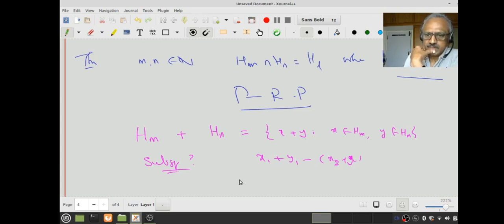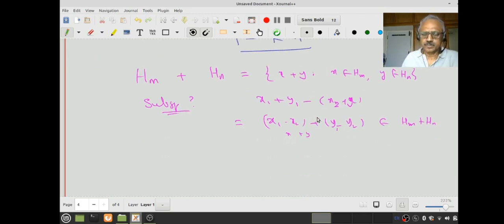But this is nothing other than x1 minus x2 plus y1 minus y2. And where are x1, x2? They are in HM. HM is a subgroup, therefore this is an element of HM. And for a similar reason, this is an element of HN, therefore this belongs to HM plus HN. These are of the form x plus y, where x is in HM, y is in HN. Therefore this is a subgroup.